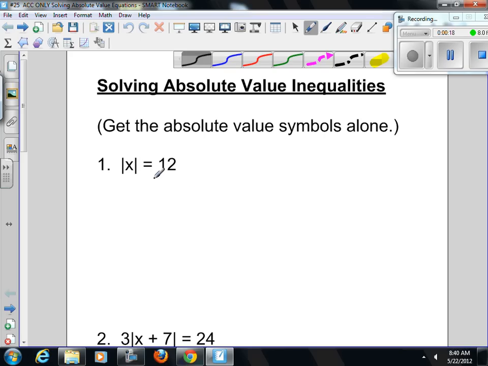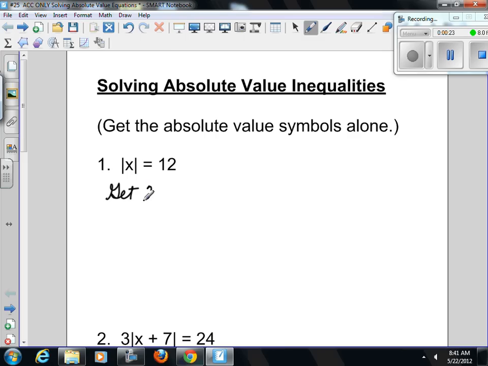Now, what we're going to do is we're going to get two equations. I'm just going to write this down because this is how we're going to approach these.